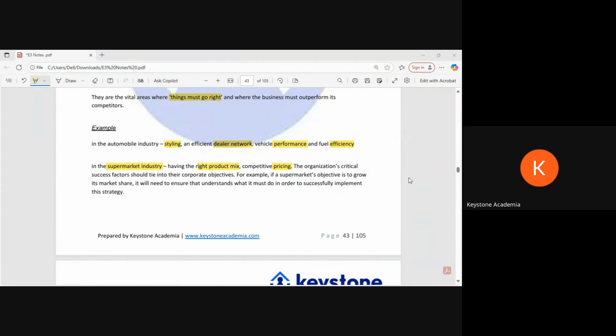CSF. What else can be a CSF for us? Can you guys think of some example?